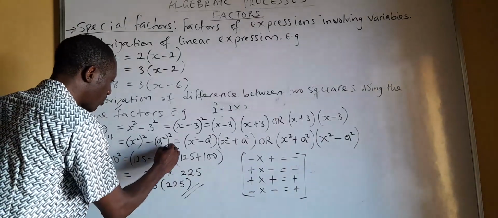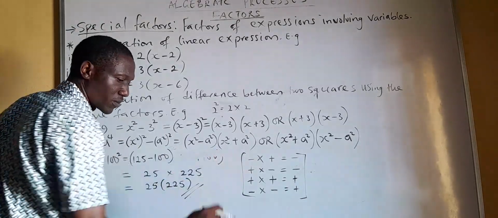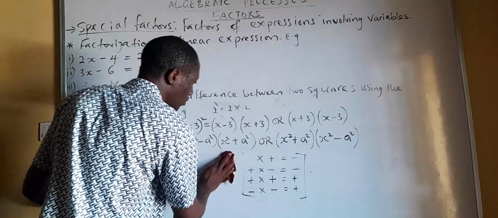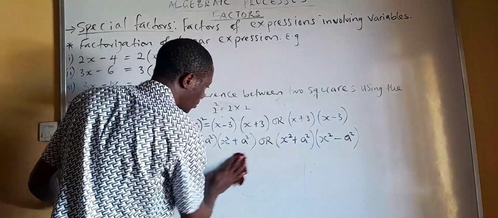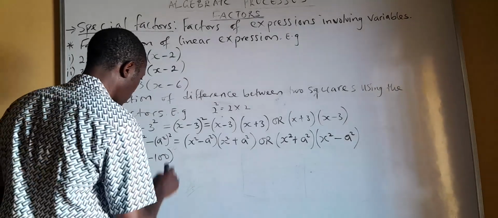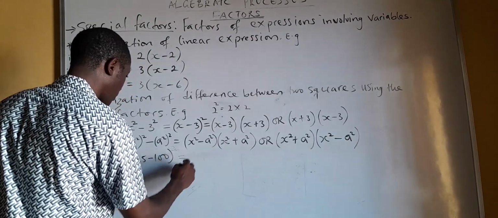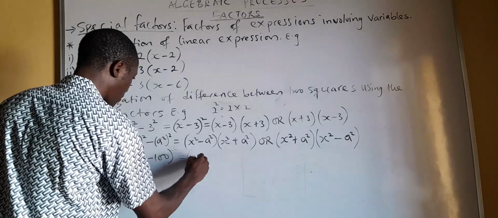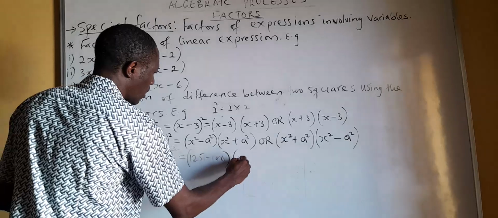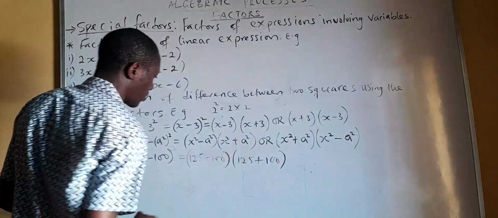So if I open these brackets, I'm going to have 125 minus 100, then 125 plus 100.